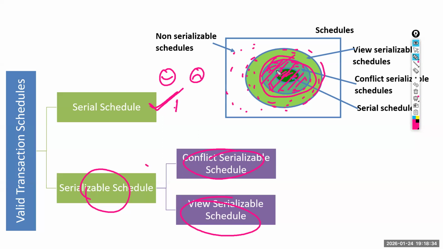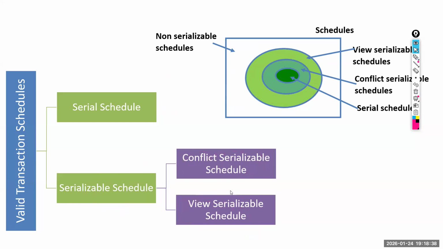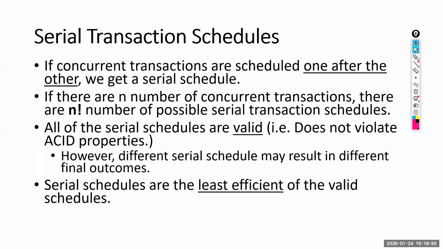Therefore, you must know how to check whether a particular schedule is a conflict serializable schedule, and also whether it's a view serializable schedule. Remember, serial transaction schedules are always safe, but not very efficient.